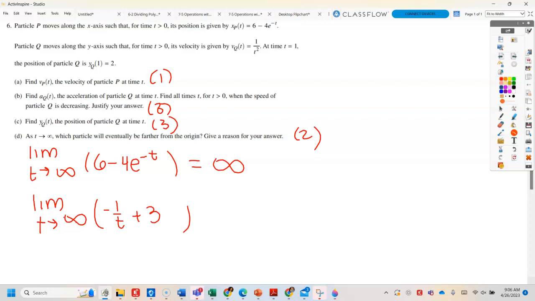So this is going to plus infinity, and then the other one is going to be a 3 plus a 0. So which one is going to get that? Because 6 is greater than 0, particle P will eventually be further from the origin.